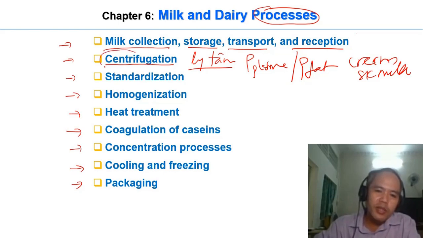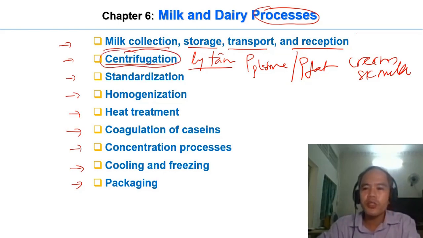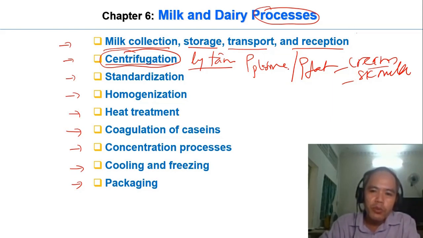Okay, so centrifugation, the main application is to take the cream from milk. And then we have two fractions, cream and skim milk. We also can use centrifugation to remove spores from milk as well. We will discuss in detail.